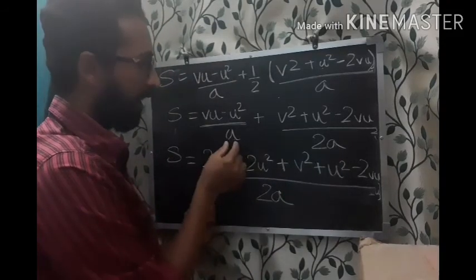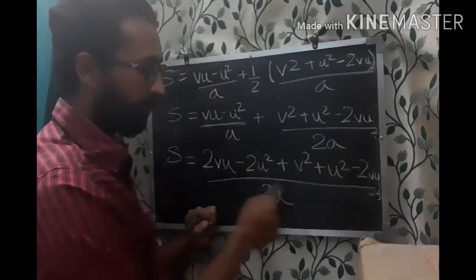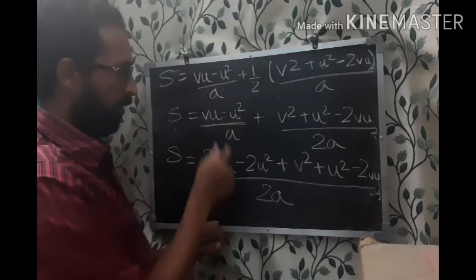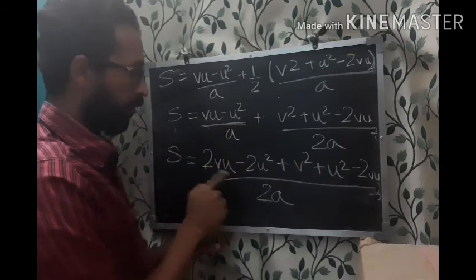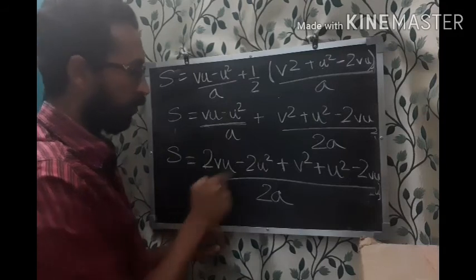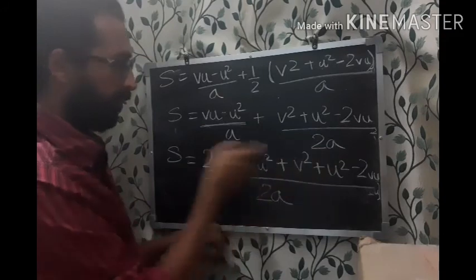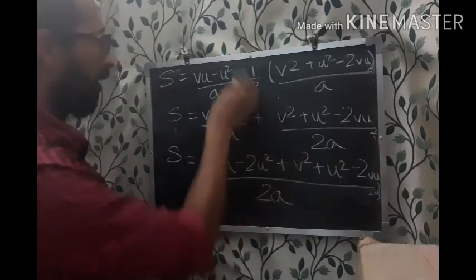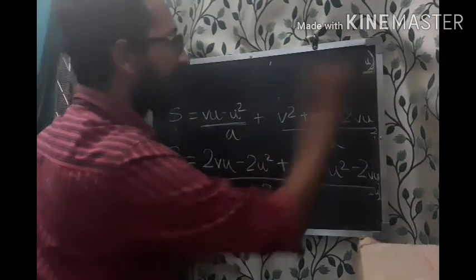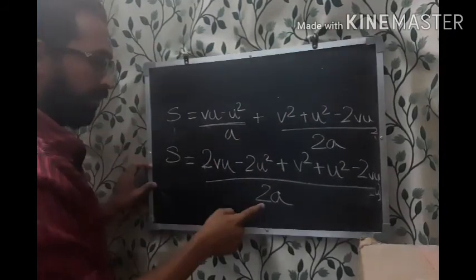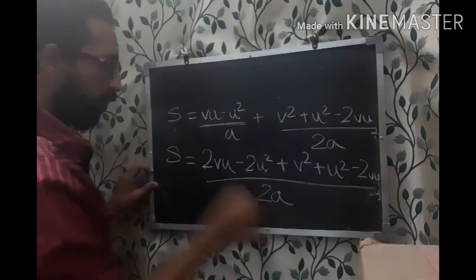When I take a and 2a, the LCM will be 2a, and 2 will be multiplied to these two values here. vu will change into 2vu, and u square will change into 2u square. So this is the resulting formula, and the last step of the derivation is taking 2a to the other side.